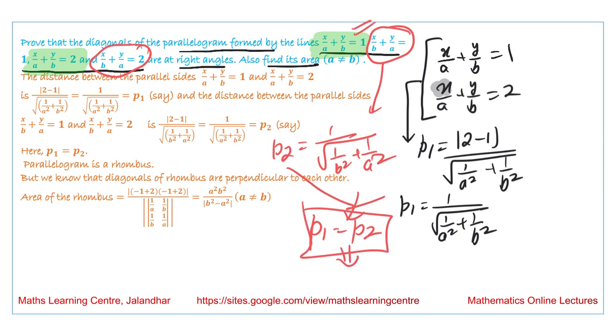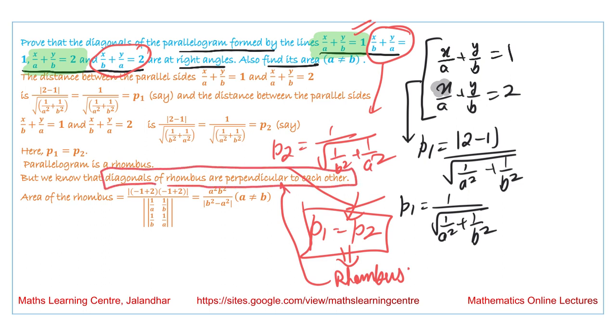and in a parallelogram if the diagonals are equal, it implies that this is a rhombus, and in a rhombus we know that the diagonals are perpendicular to each other. The first thing we have to prove is that the diagonals are at right angle. We have proved that it is a rhombus, and we know that the diagonals of the rhombus are perpendicular.